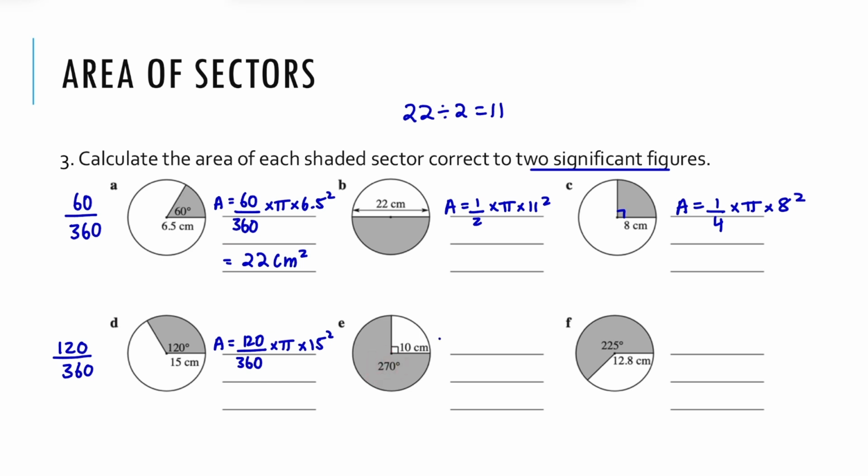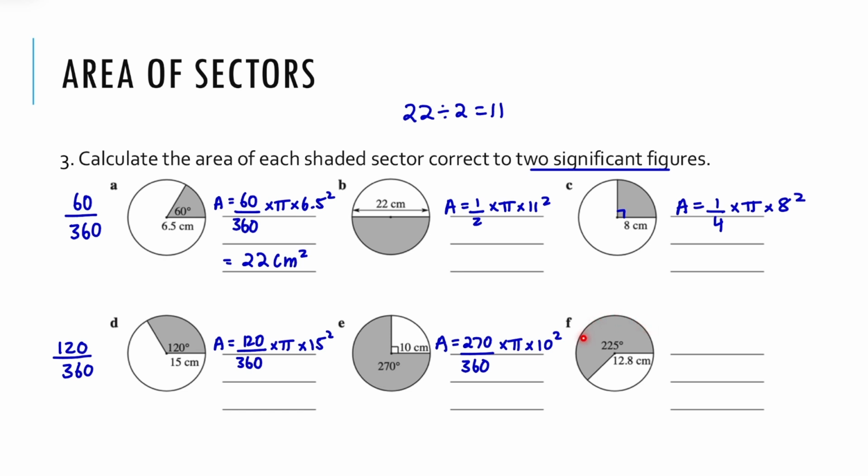So here, the area of this one is going to be 270 over 360 multiplied by pi multiplied by the radius of 10 squared. So to recap here, the reason why I did 270 over 360 instead of the 90 is because I'm looking for the area of the shaded sector, which is that part just here, which is 270 degrees.